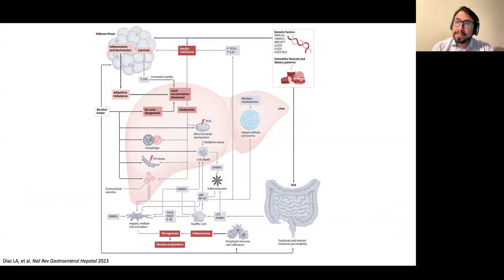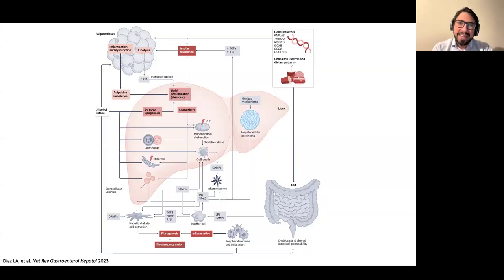And we can recognize multiple mechanisms involved in the onset and progression of steatotic liver disease, and we can identify baseline risk like your genetic risk, but also unhealthy lifestyles and dietary patterns. And these risk factors and the comorbidities like obesity and insulin resistance will promote the development of steatotic liver disease.